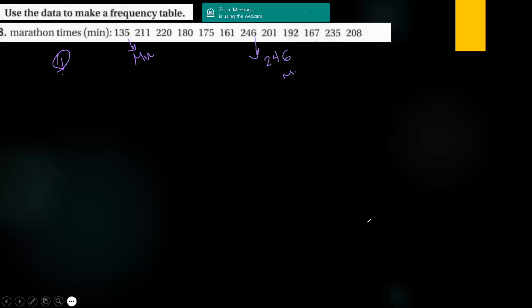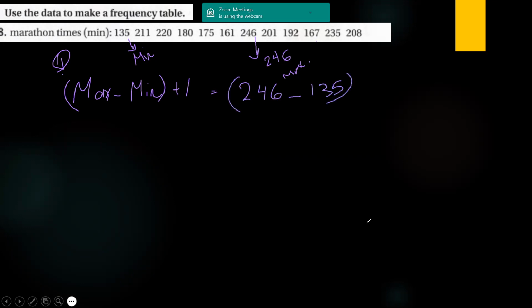This is the maximum. So I will find out that the maximum minus the minimum plus 1, that means 246 minus 135 is 111, plus 1, it will be 112.